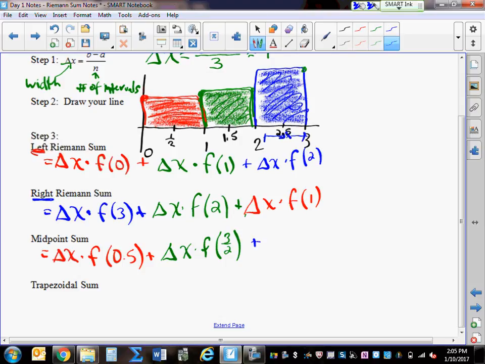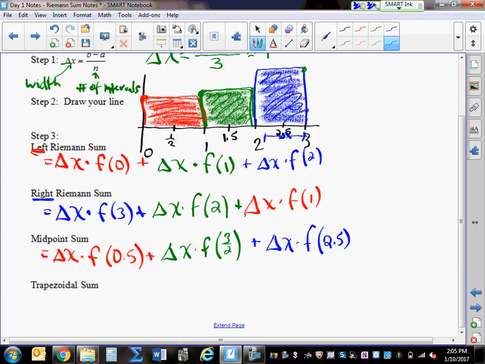And then my blue rectangle, delta x times f of 2.5, or 5/2. Most likely that's going to be your better approximation of those three.